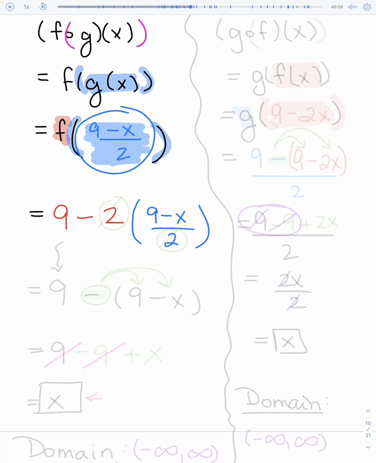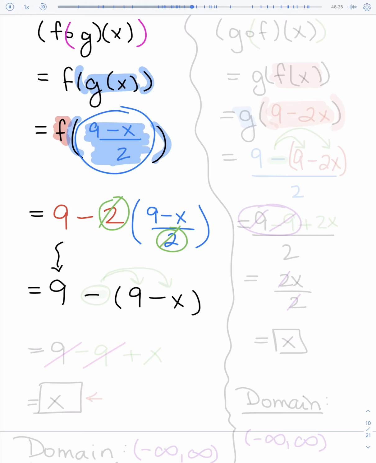Okay, now this becomes just an order of operations problem. So what do I want to do first? Order of operations tells me I'm doing my multiplication first, which is multiplying by a 2 and dividing by a 2. Those two are opposite, so they'll cancel out. However, I am not done. I still have my 9, I still have the minus sign after it, and inside my parentheses, I still have a 9 minus x.